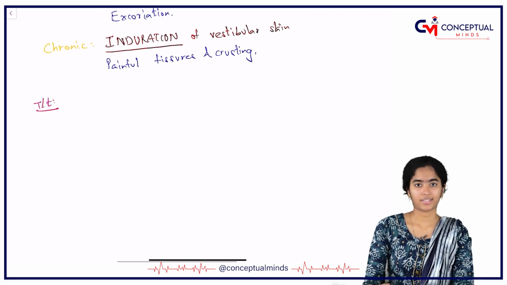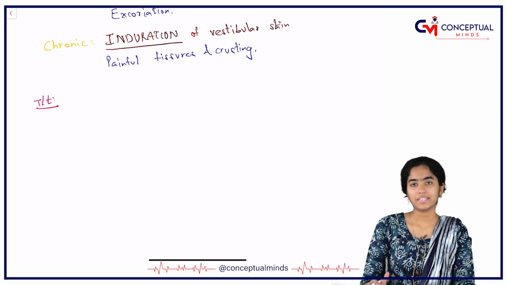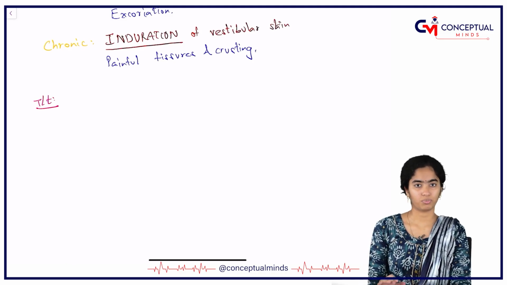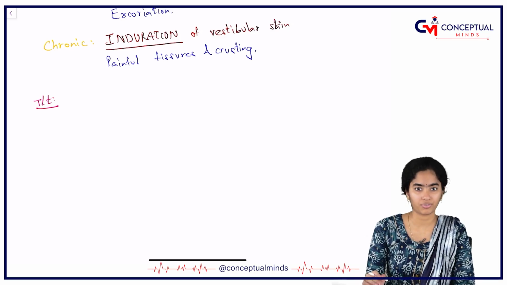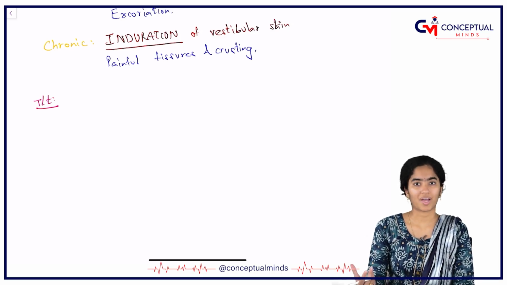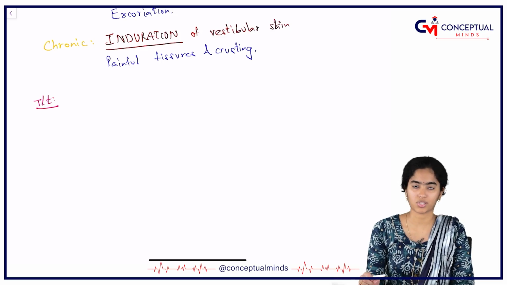Treatment of vestibulitis. One, you have to clean the nasal vestibule. All the crusts and scales have to be removed. How will you clean? Not like the patient taking a handkerchief, right? We will use a cotton swab that is soaked in hydrogen peroxide. Even silver nitrate is used.